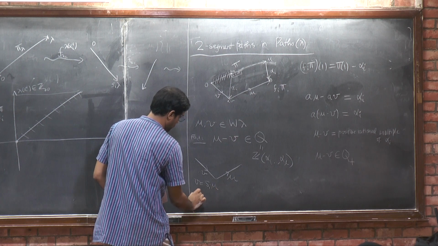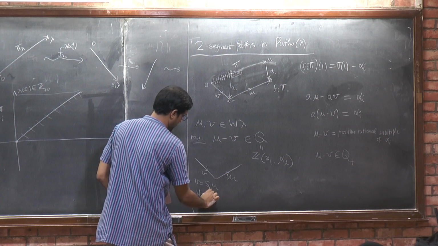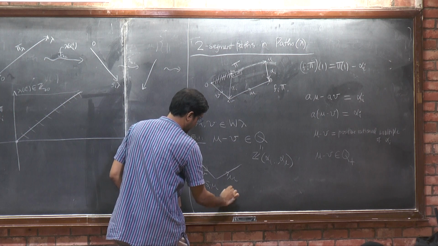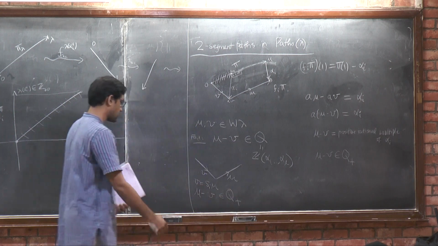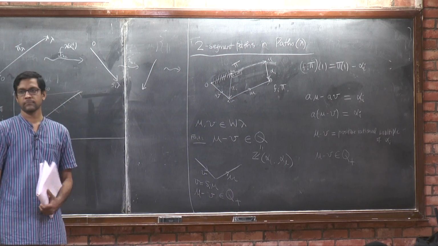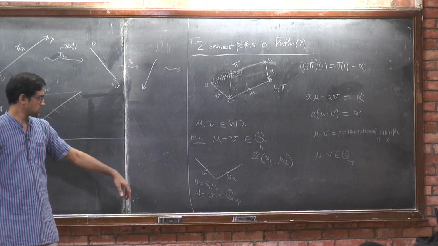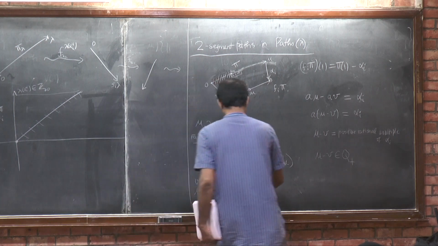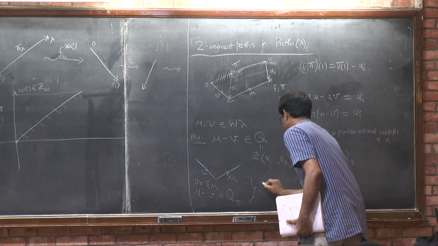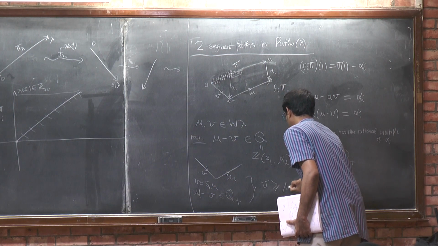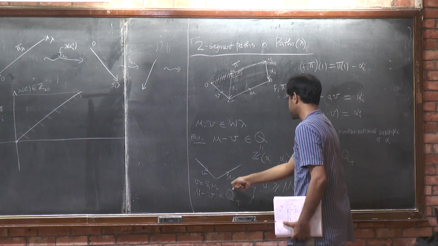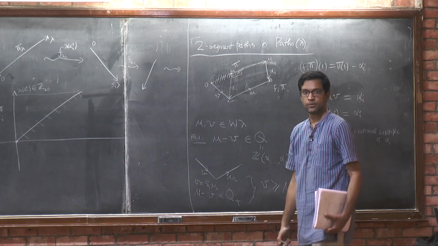Mu minus nu, the second minus the first, is in fact an element of Q plus. So these two things imply in particular that nu is more than mu in that partial order we talked about last time. So nu beats mu with respect to that partial order.